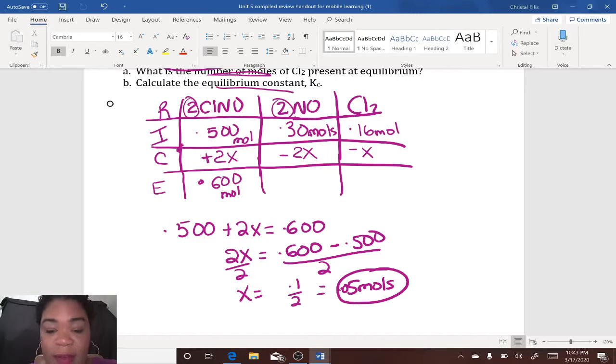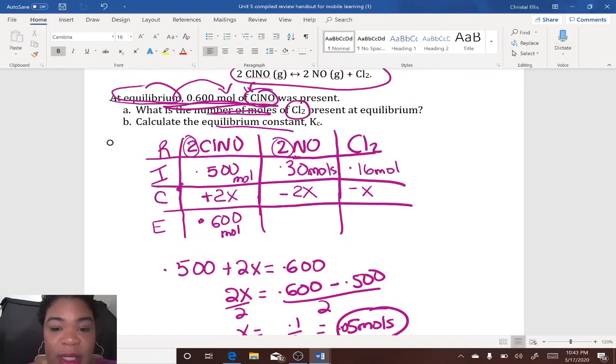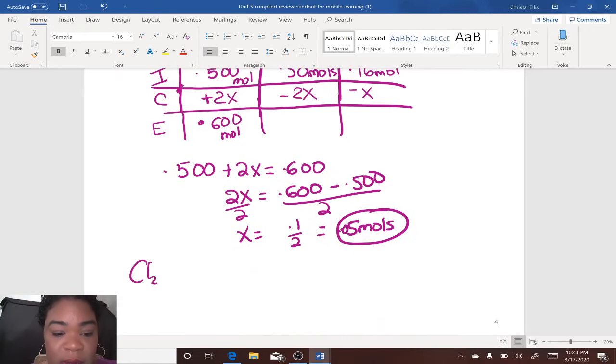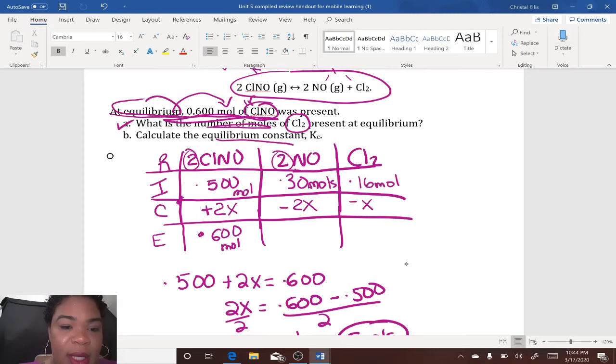And so if x is equal to 0.05, we could substitute in for the number of moles of Cl2. Cl2 initially had 0.16 minus x, which is 0.05. At equilibrium, the amount of our Cl2 is 0.11 moles. And that's our answer for A.